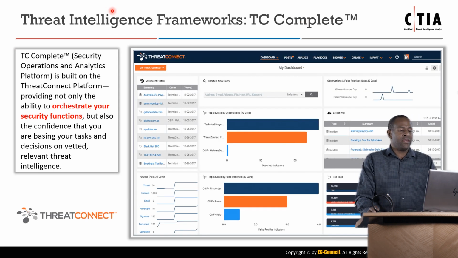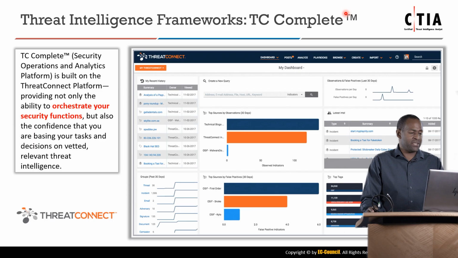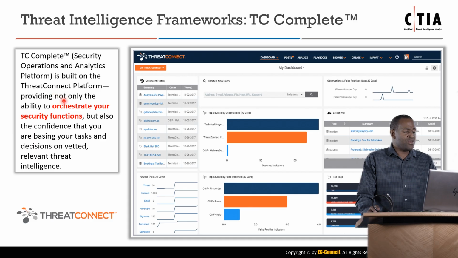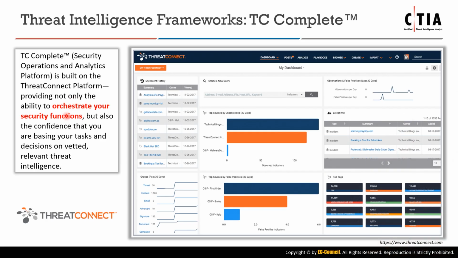The next one we look at is TC Complete. This is a threat intelligence framework with security operations and analytics built in. It helps you to orchestrate, there's that word again, orchestrate, which is a form of automation, your security functions, but also gives you the confidence that you are basing your tasks and decisions on vetted, relevant threat intelligence.